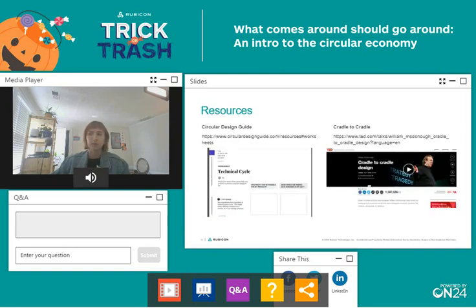And then the last two resources I will touch on: first is the Circular Design Guide. And I'd say this is a really good resource, especially if you are teaching design or want to go through some of these in an exercise, like how could we start a conversation about how we could design products or systems in a way that's more efficient, that's sustainable.